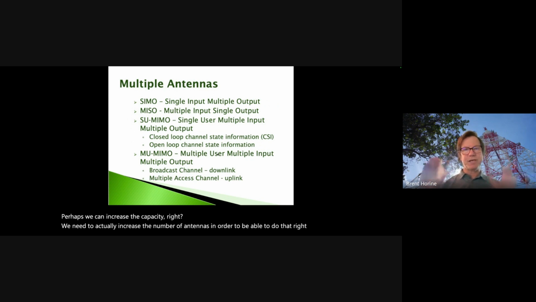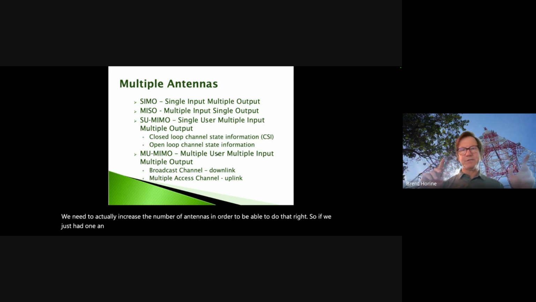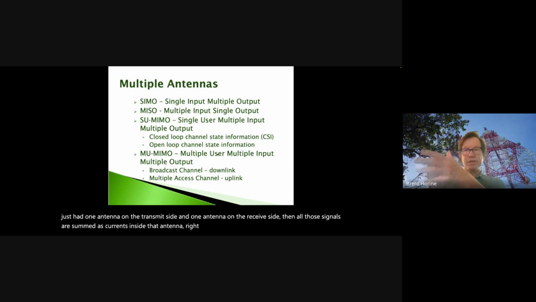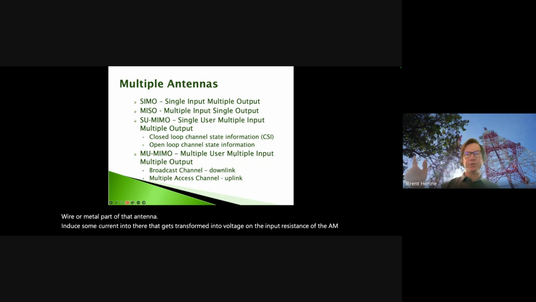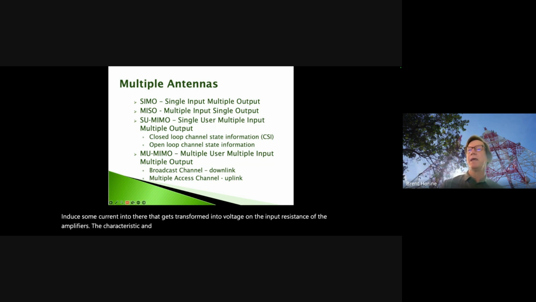So if we just had one antenna on the transmit side and one antenna on the receive side, then all those signals are summed as currents inside that antenna, right? As all those waves travel, they impinge upon the wire or metal part of that antenna and induce some current into there that gets transformed into voltage on the input resistance of the amplifiers, the characteristic impedance of the antenna, and then we have a signal, right?